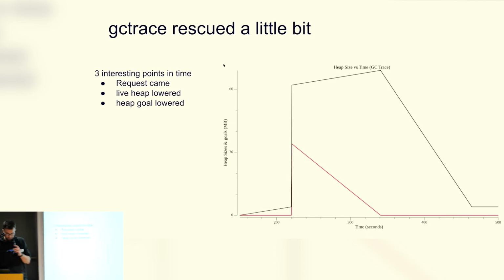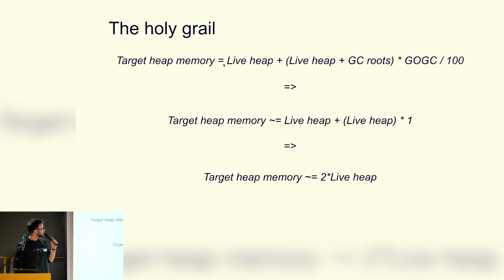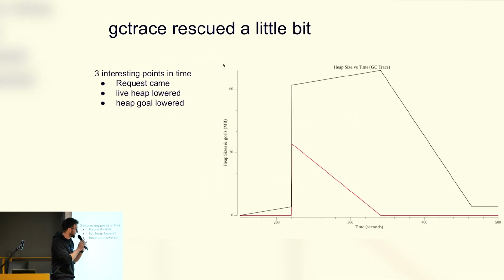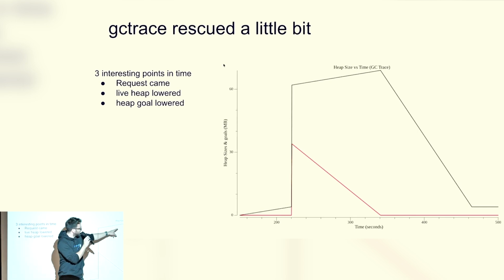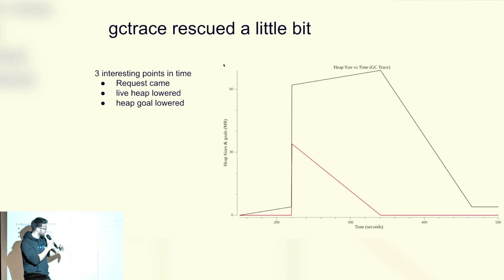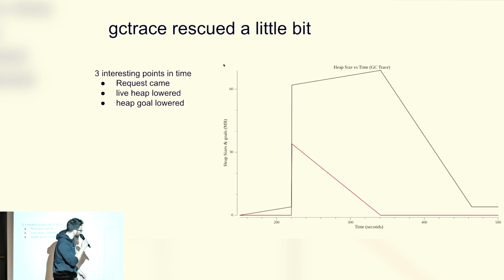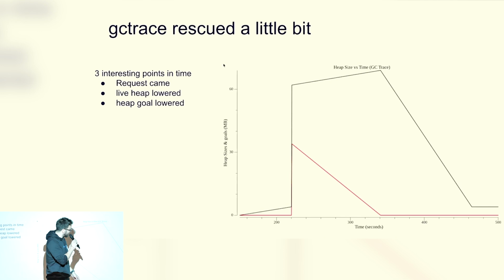If we check the formula again, the live heap is taken from the previous cycle. So the previous cycle was here, and that's the highest live heap amount so far. So it actually grew it a little bit based on the live heap from the previous cycle. Then another 2 minutes pass, and the last live heap is, let's say, 0, so it drops to, let's say, 0.